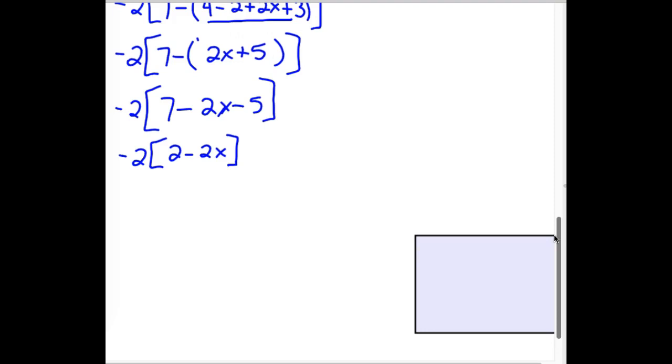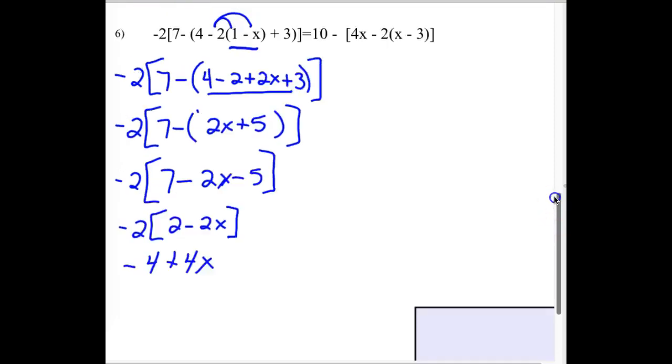And then to eliminate the brackets, I have to distribute my -2. Okay, agree on how we've simplified the left side of that? Okay? All right, let's go back up to the right-hand side.